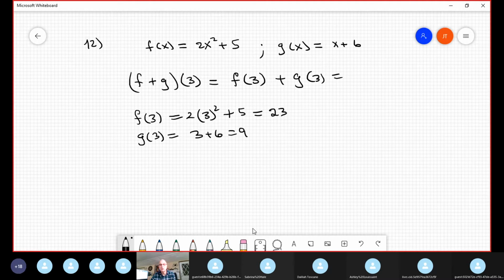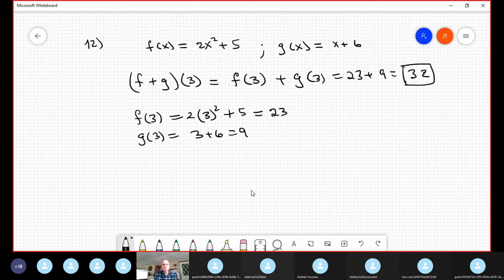And when you add both, 23 plus 9 is 32. Final answer. No need to compute the domain, it's just evaluation.